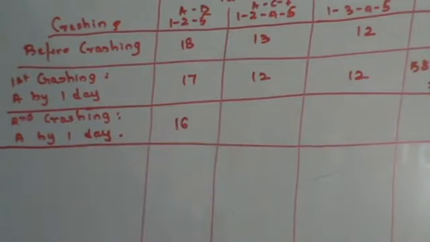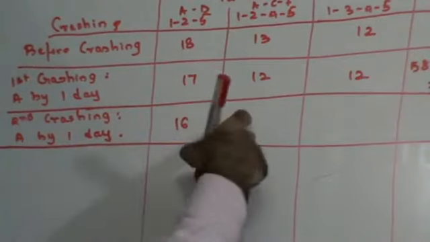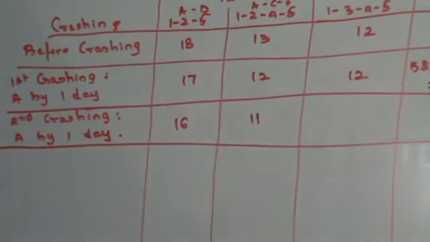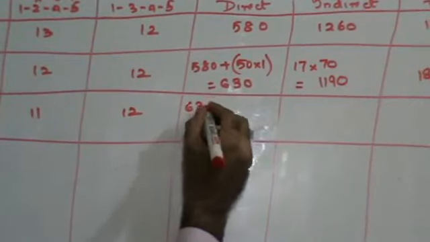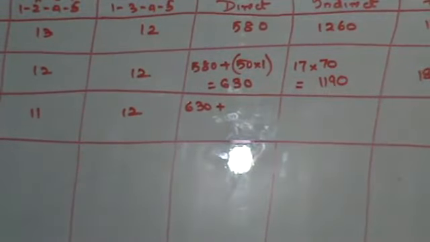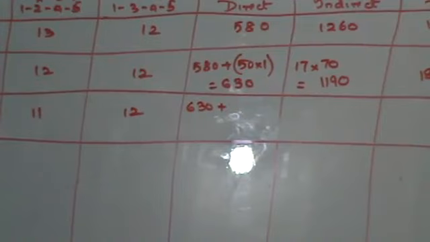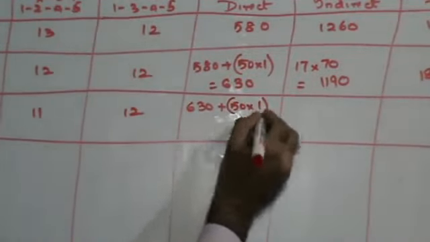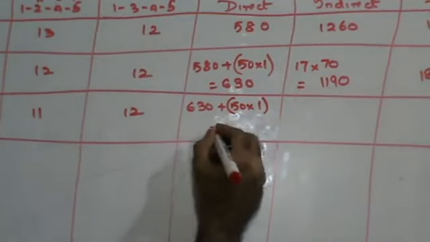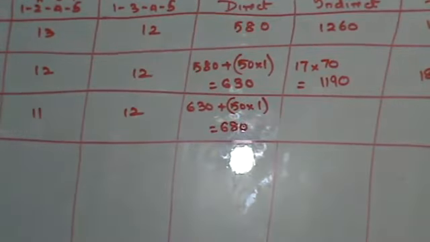So this will become 16 days. This path also has A, so this will become 11 days. This will become 12 days. My cost was already 630 rupees. I'm crashing A by 1 more day, right? The crash cost of A is 50 rupees per day. So when I add this, this comes to 680 rupees.